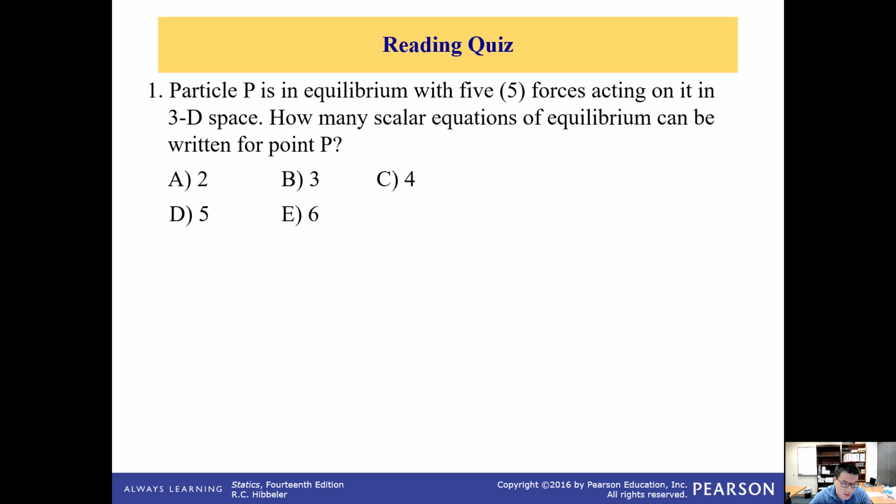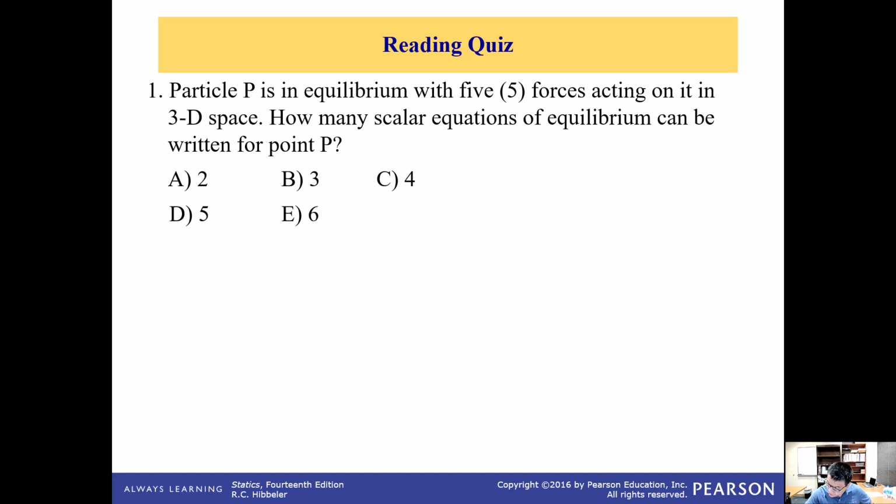So let's do a quick check. For example, the particle P is in equilibrium with 5 forces acting on it in 3D space. How many scalar equations of equilibrium can be written for point P?